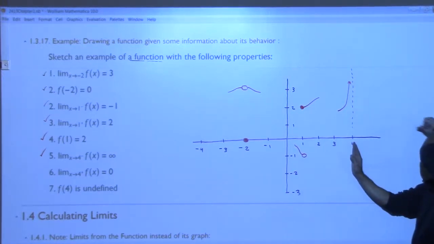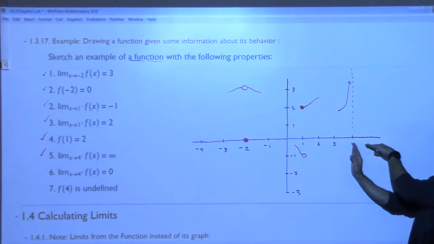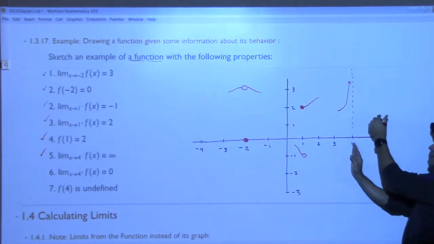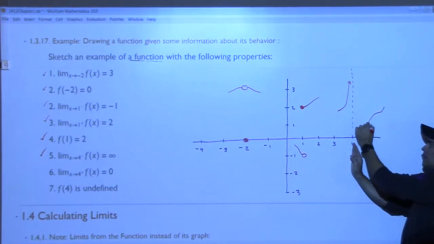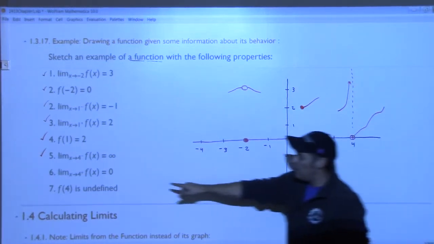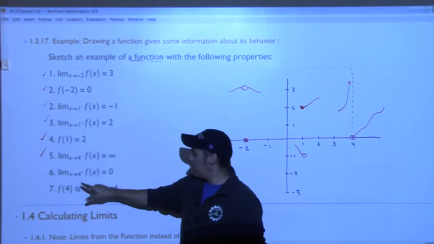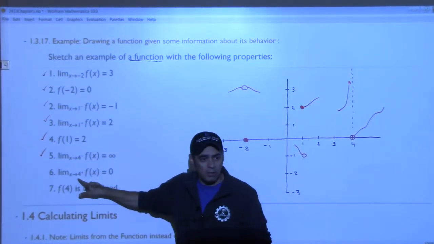I'm approaching from this side, and the function's value is headed to 0, right? So I can come in from here down to 0, or I can come in from here to 0. It doesn't matter. Now when I get there, I'm going to leave it as an open circle because this does not tell me what's happening at 4, does it? It's telling me what's happening to the right of 4.